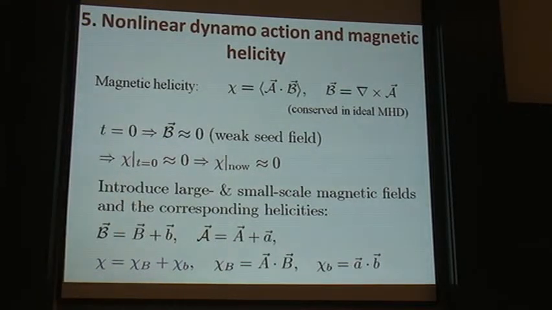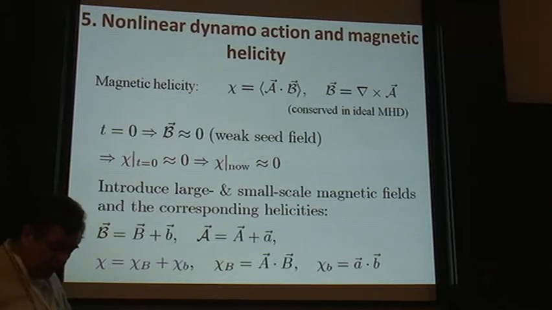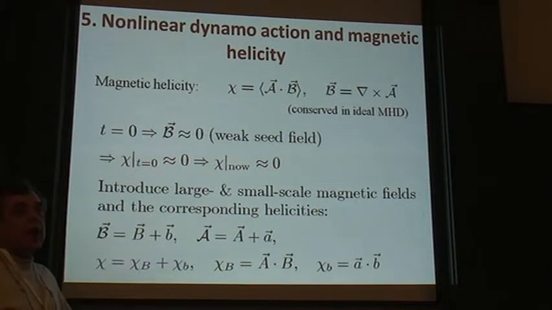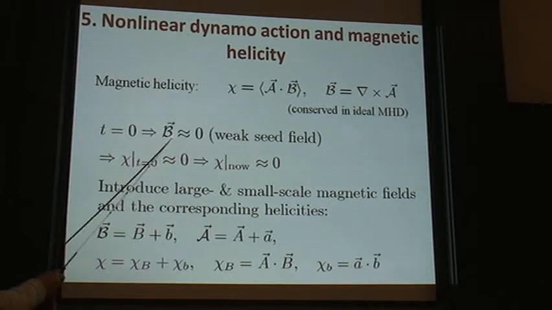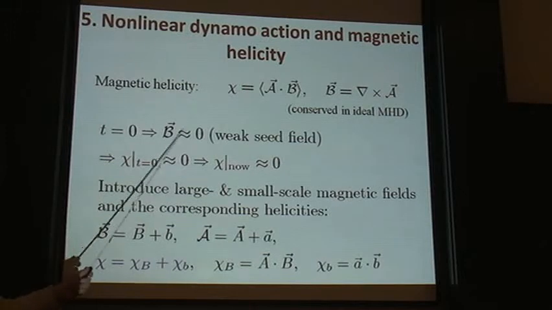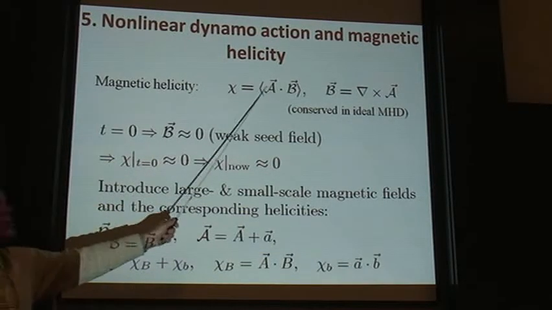Consider an object where we observe a magnetic field, and we have reasons to believe that this field was produced within the object. Some long time ago, this object was unmagnetized, or very weakly magnetized. It only had a seed magnetic field, so the magnetic field within this object was almost zero, and together with it, the helicity was practically zero.